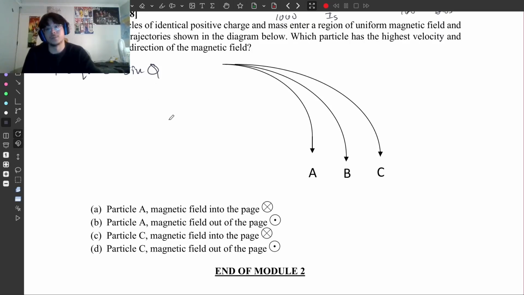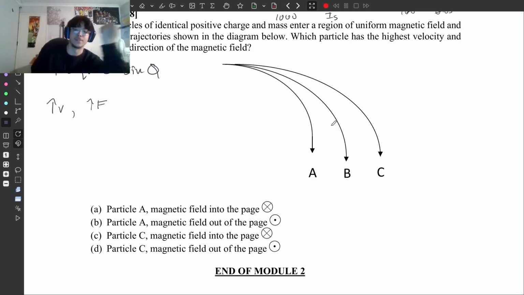Now, what we know already is that the force is proportional to our velocity, which means that as velocity increases, our force increases. So whichever particle is moving the furthest will have the highest velocity.